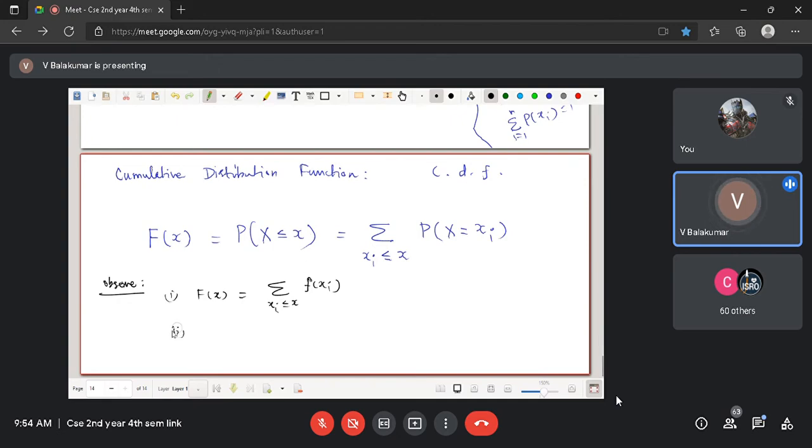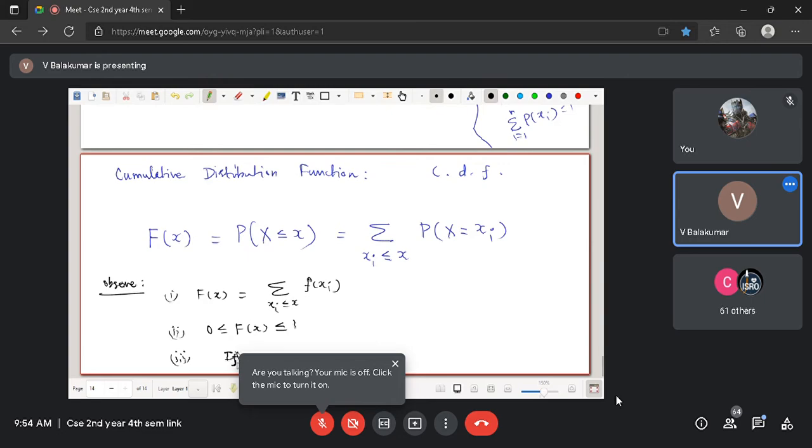And one more thing, whenever you talk about this cumulative distribution function, that value is always between 0 and 1. It will start from 0. It will reach 1 if you compute for all the values. And one more property, if you have a smaller value less than or equal to this greater value, then wait a second.